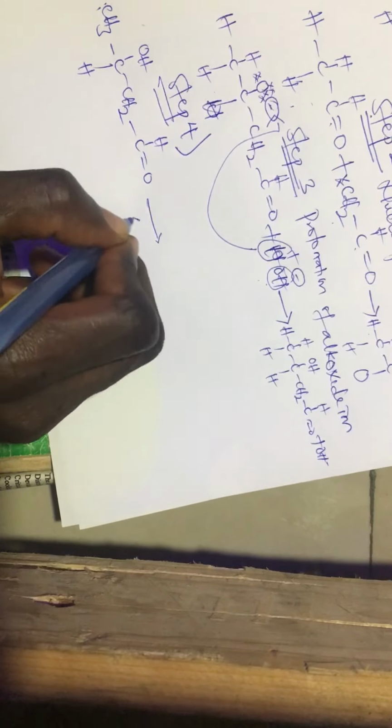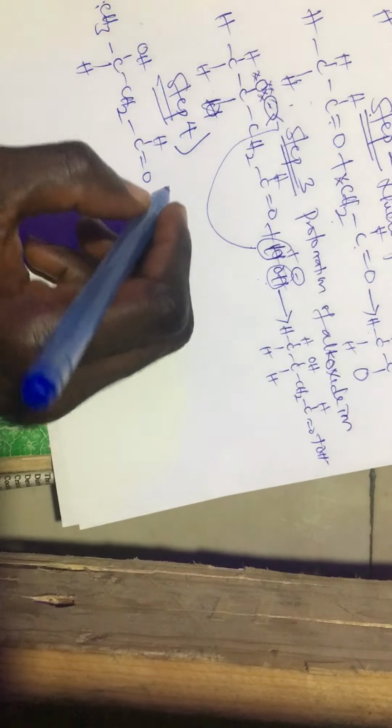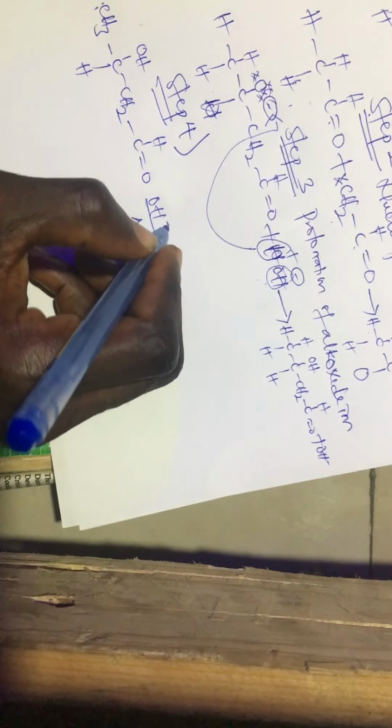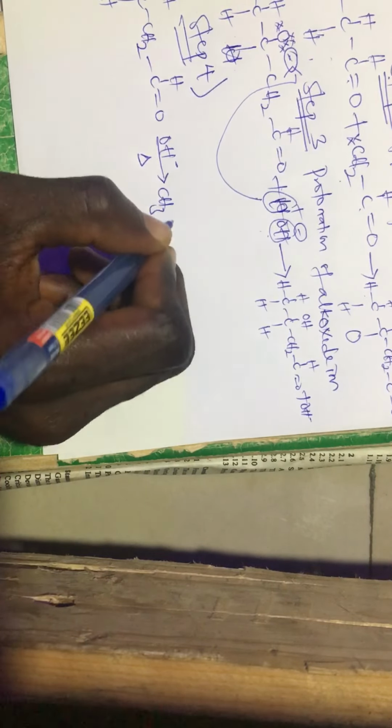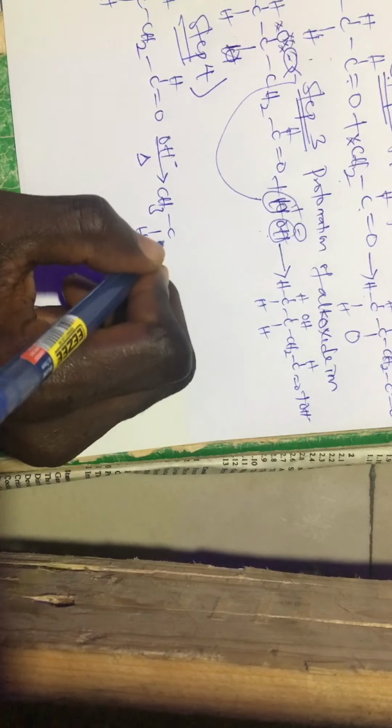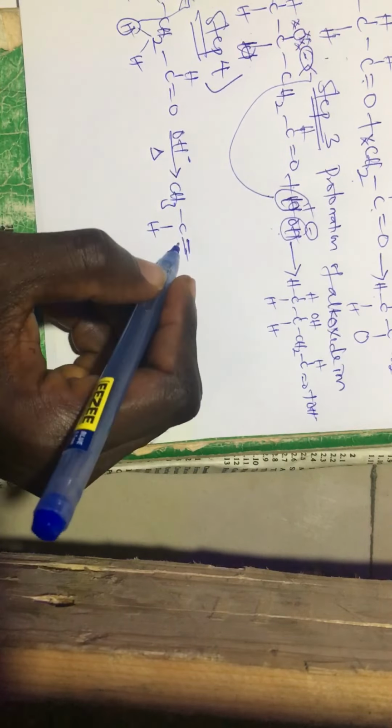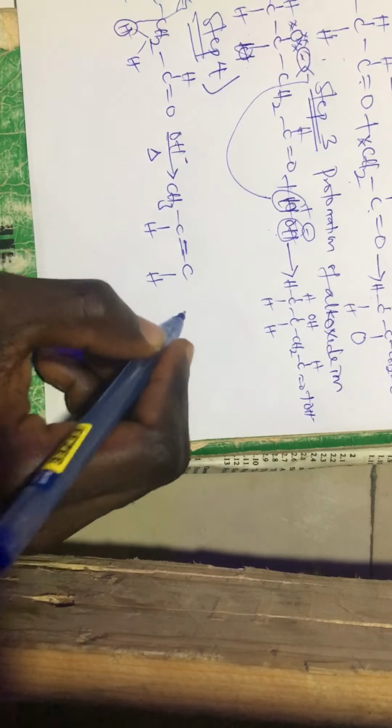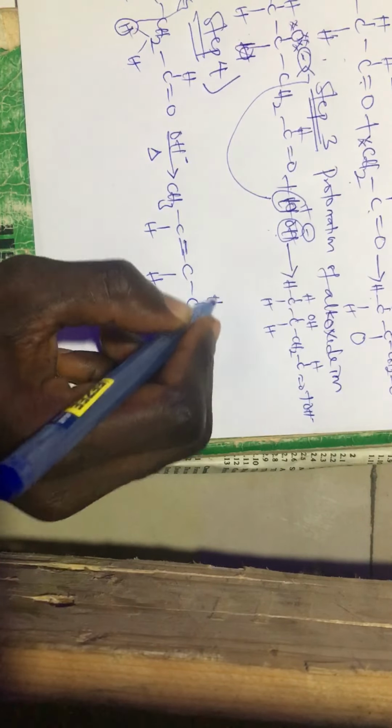When you undergo dehydration, don't forget OH negative. When you dehydrate, I'm going to remove water from the reactant here. So we have CH3, C, hydrogen, double bond. Anytime you want to remove water, you consider both the reactant side and the product side. So here I have 2 hydrogens going with this to form water, because we want to dehydrate. So we have C, we have hydrogen here, and also this double bond.